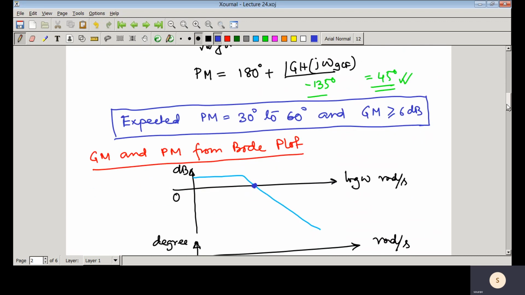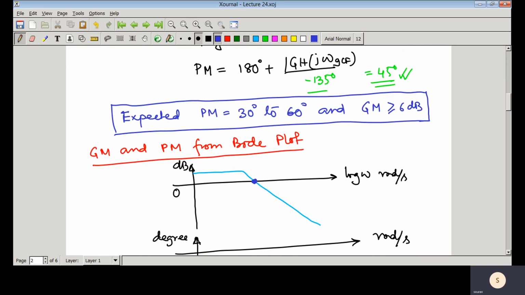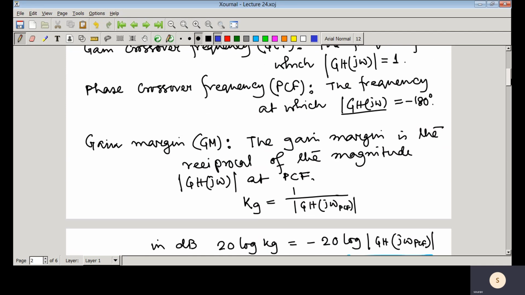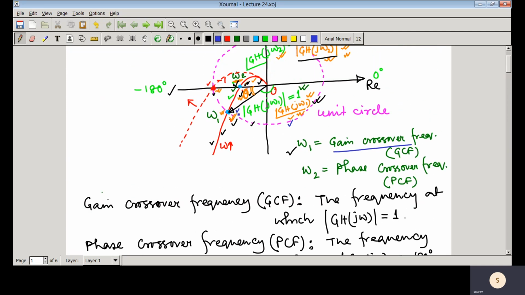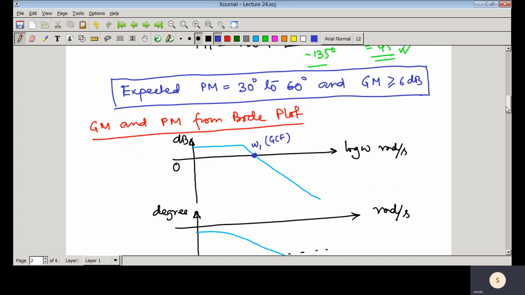So here this is the frequency when the magnitude plot crosses the 0 dB line. So this is actually the gain crossover frequency. And we have seen that at the gain crossover frequency, we look at what the phase is, and if we subtract it from 180 degrees, then that would give the phase margin. So let us see here.